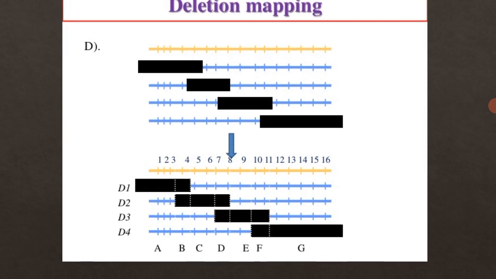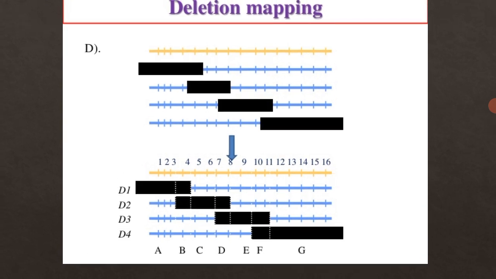Now you can see here, for example, say you got a question to determine the sequence, or we can say to order the genes, determine the gene order.